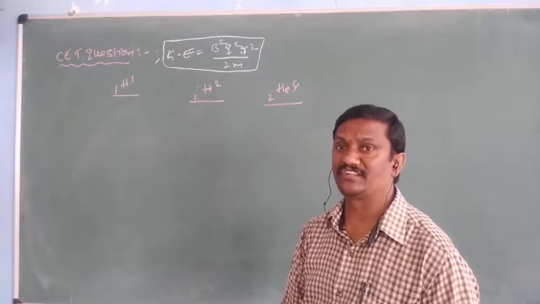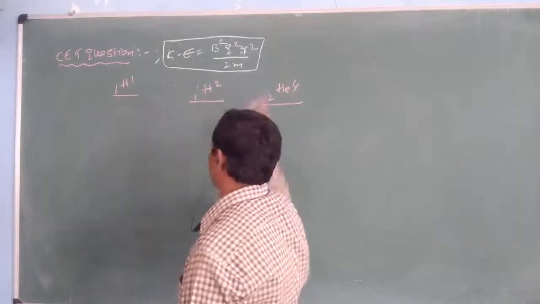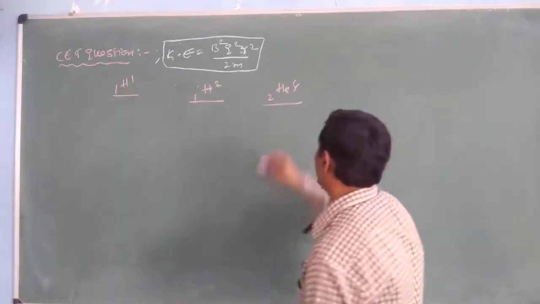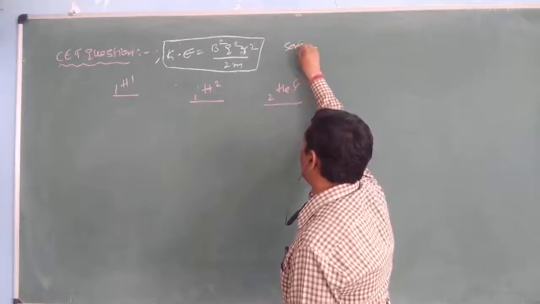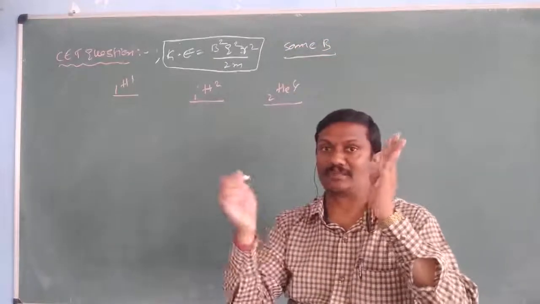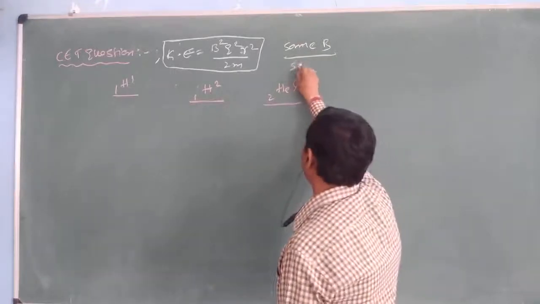These are three different charged particles having different charges and different masses. All three particles enter perpendicular to the same magnetic field with the same kinetic energy.